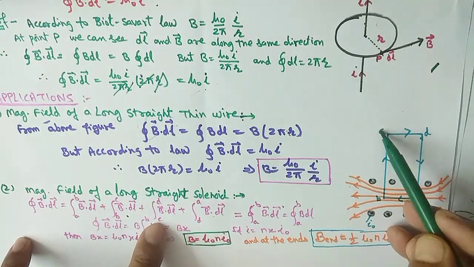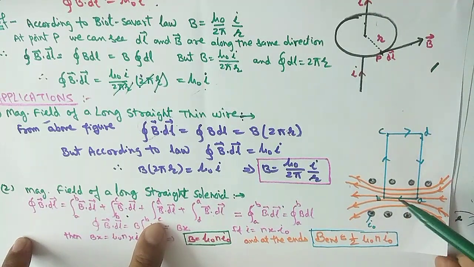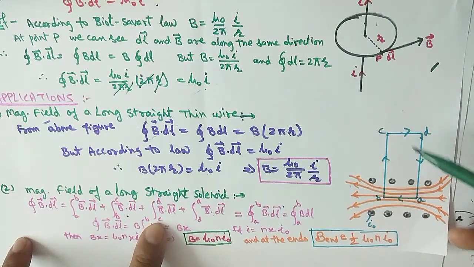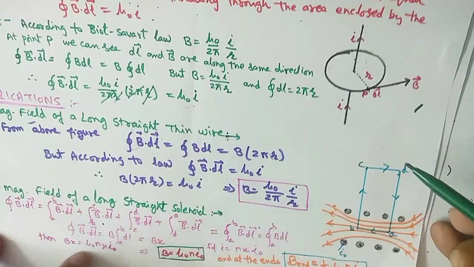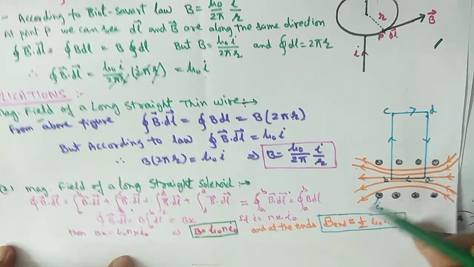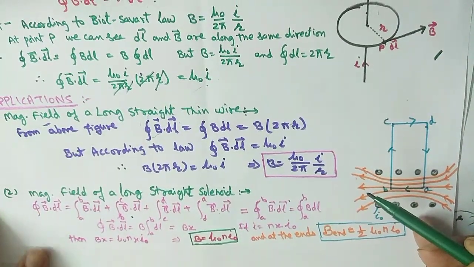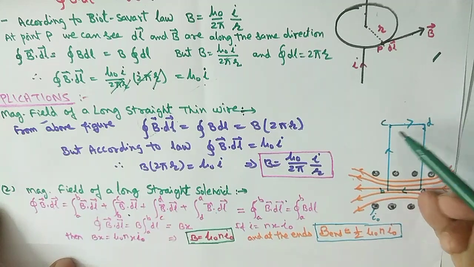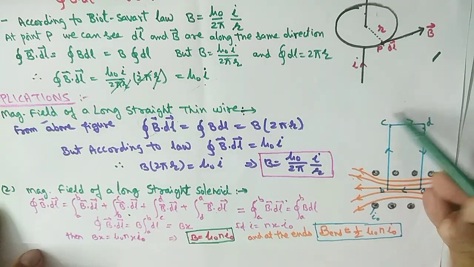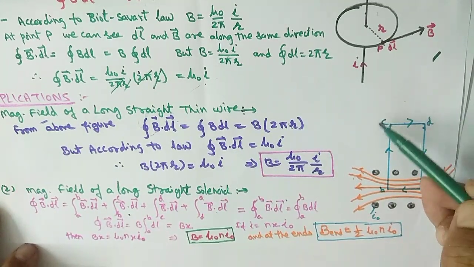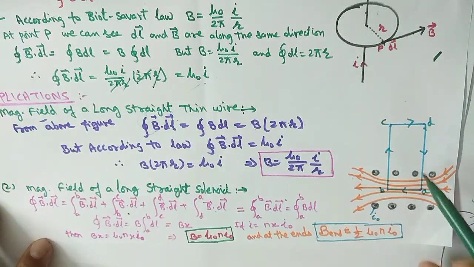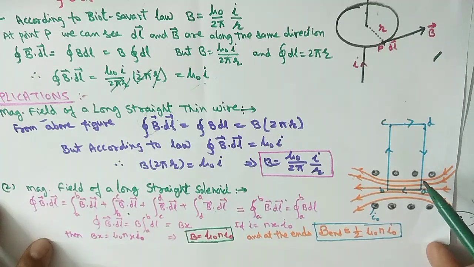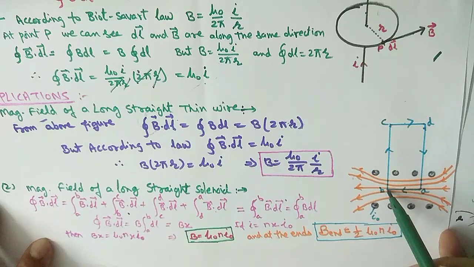And C to D is at a large distance from the solenoid, so the effect of the magnetic field will be negligible here. We will neglect the magnetic field intensity due to the solenoid at this long distance, because the magnetic field will be very weak in the portion C to D. So the total magnetic field we have to consider is equal to the magnetic field produced by the A to B portion.